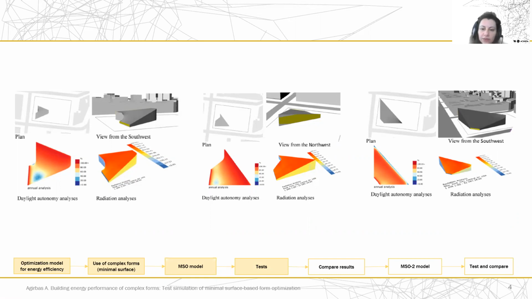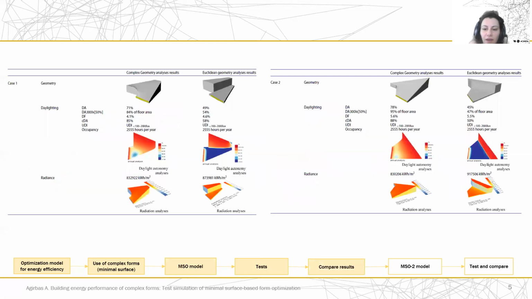In this model, I used annual daylighting simulation, which takes too long. In the second model, I actually focused on modification of this daylighting simulation. I also want to talk about one other aspect of this study.